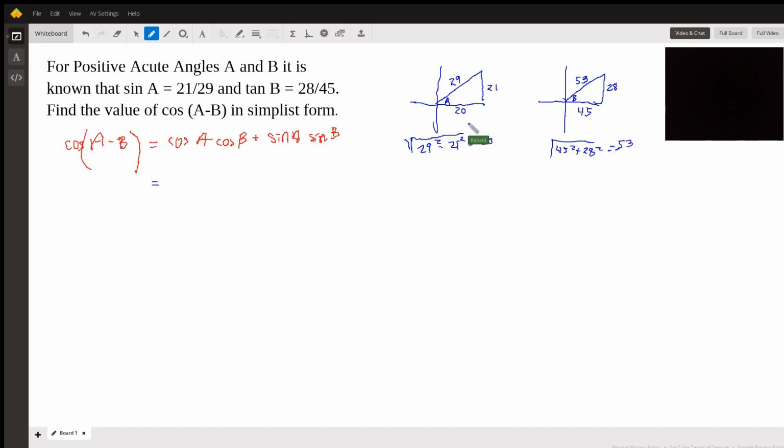The cosine of A is going to be adjacent over hypotenuse, so that's 20 over 29. And we're going to multiply that by the cosine of B. It's going to be 45 over 53.